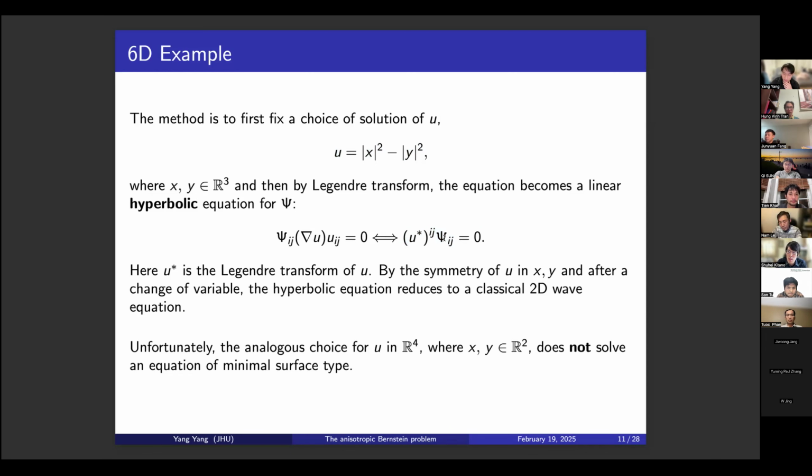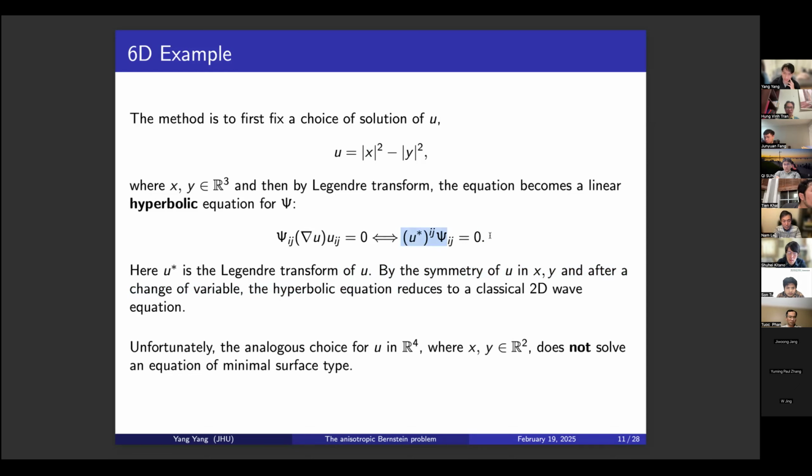But the point is, the hardest part in his paper is to show that this phi satisfies the desired convexity condition. So in R^6, fortunately, he can show that there indeed exists some phi which solves this equation and also satisfies this desired convexity condition.